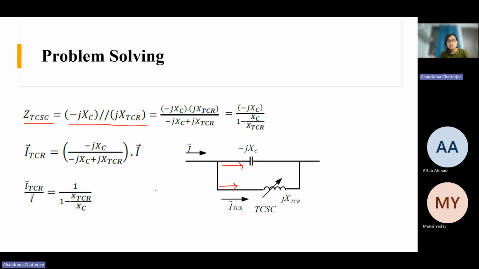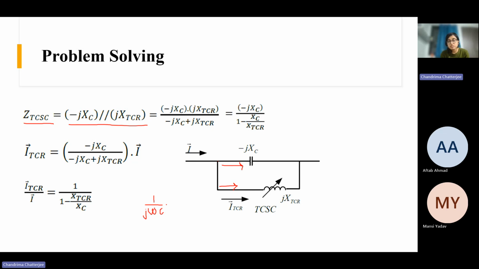Because we know the capacitive reactance is 1 by jωC.